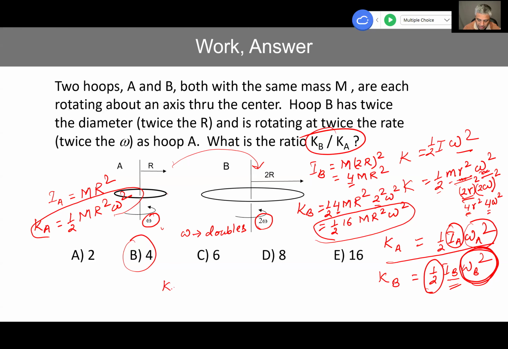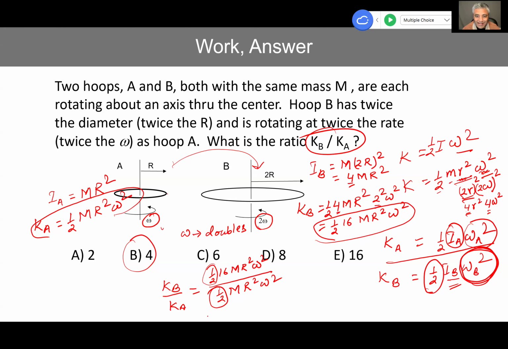So let me actually write it out. KB is half times 16 m r squared omega squared, and KA is half times m r squared omega squared. So now you know why I left this half as it is, because it cancels.